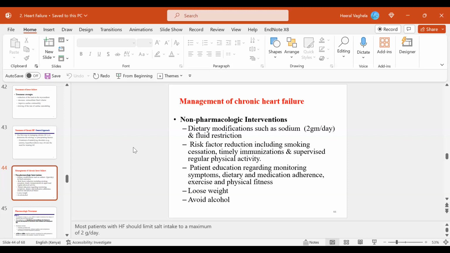Stop smoking. Immunizations, because if your immune system is already weak, there's a high risk of infections, especially in left-sided heart failure, where there's pulmonary edema. Then losing weight, avoiding alcohol, and of course patient education on these modifications.